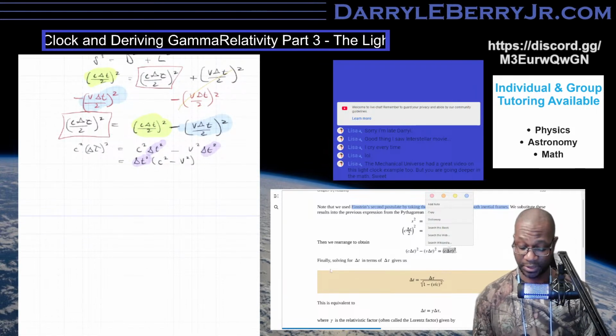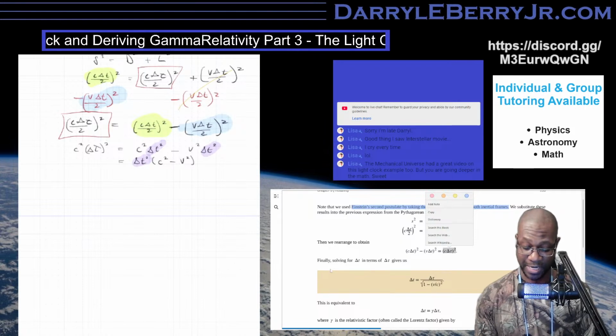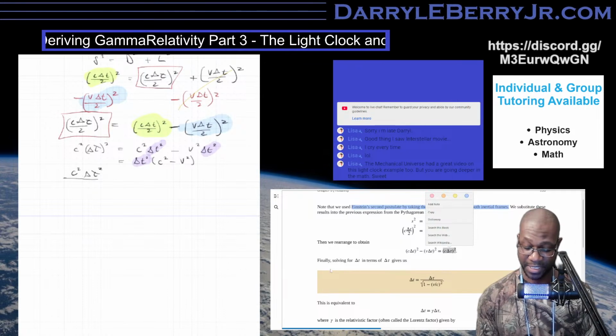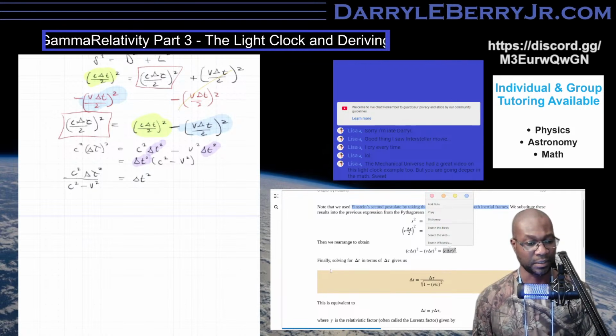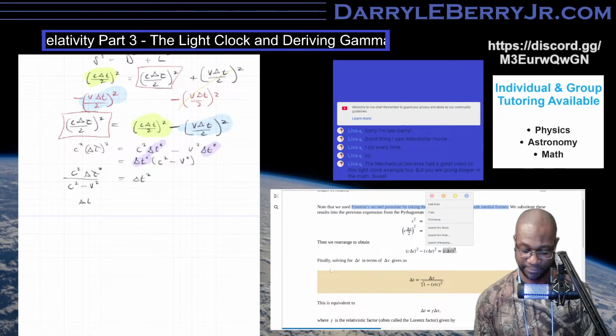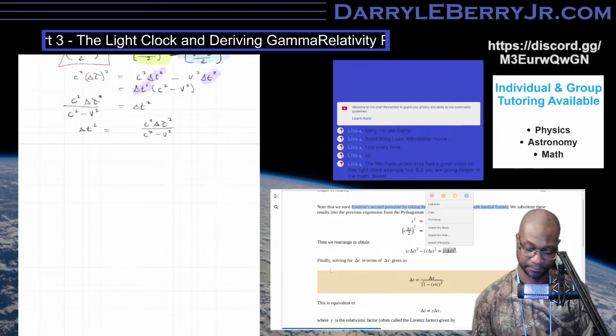And so now I'll keep it on the opposite side like the book has momentarily, and say change in tau squared divided by c squared minus v squared, and this is change in t squared. And then we have to do some more algebra on this thing. So let me go ahead and put it back the way I'm used to seeing it. Change in t squared equals change in tau squared over c squared minus v squared.